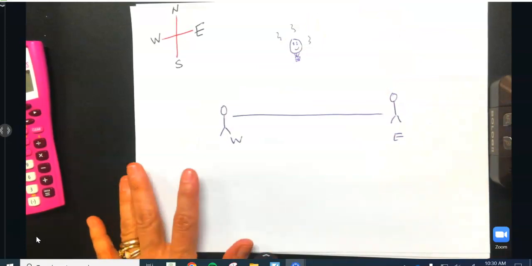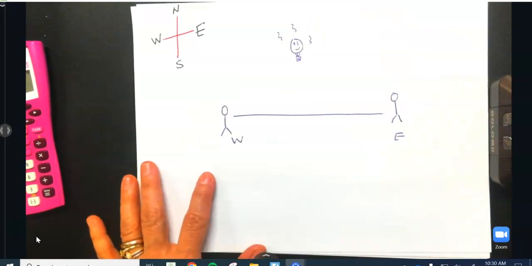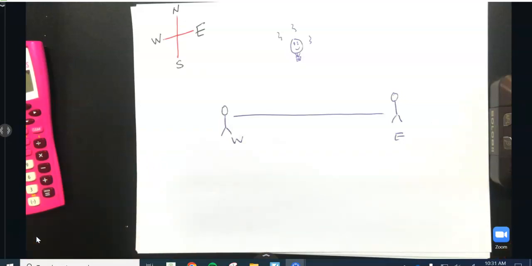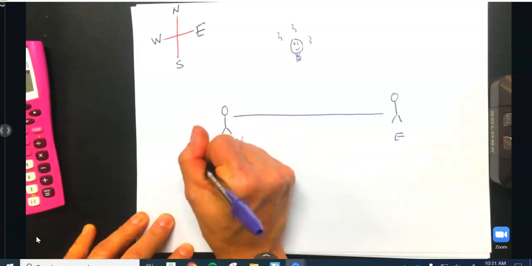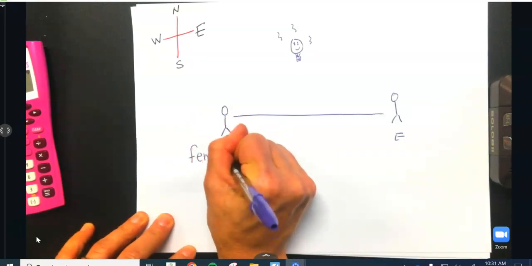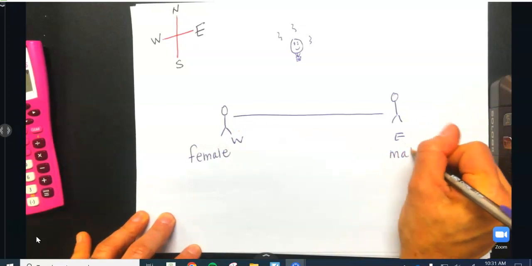All right. And then what's next? One of the walkers, a female, sees the balloon when looking east at an angle of elevation of 46 degrees. Which one's the female, y'all? The one on the left or the one on the right side of my paper? Very good. This is the female. Great job.